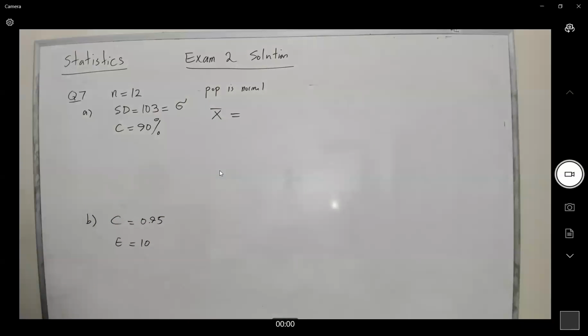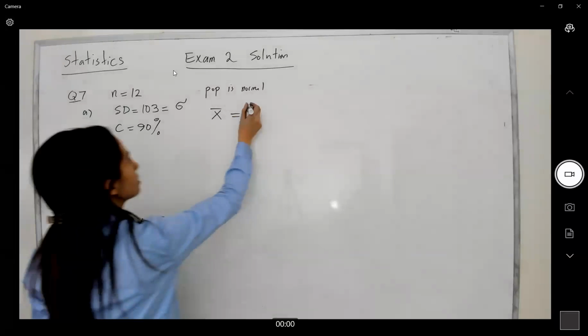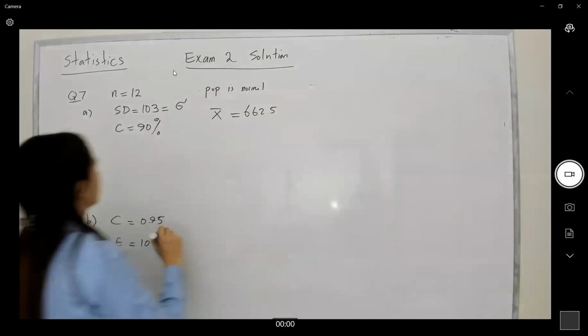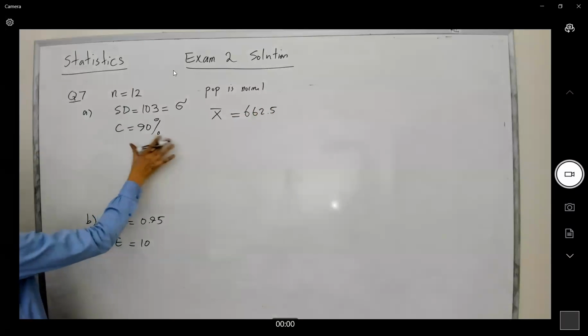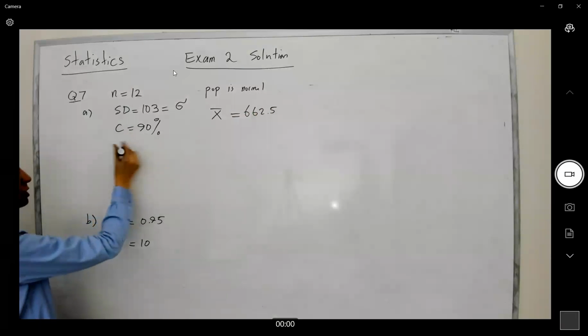Now, what is our point estimate? What is X bar? When you calculated X bar, what was the X bar? 662.5. Very good. So the confidence level is 90%.